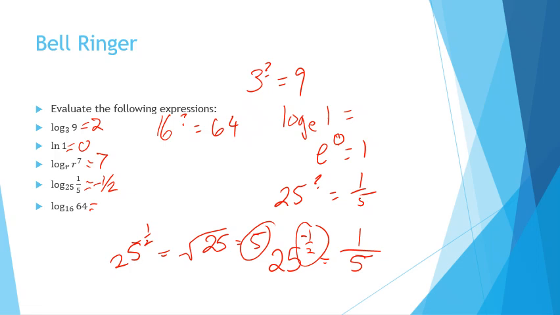I know 16 is 4 squared, and 64 is 4 cubed. So this is 16 to what power will give us 64, which is 4 cubed. And so we can simplify this and basically just solve for x.